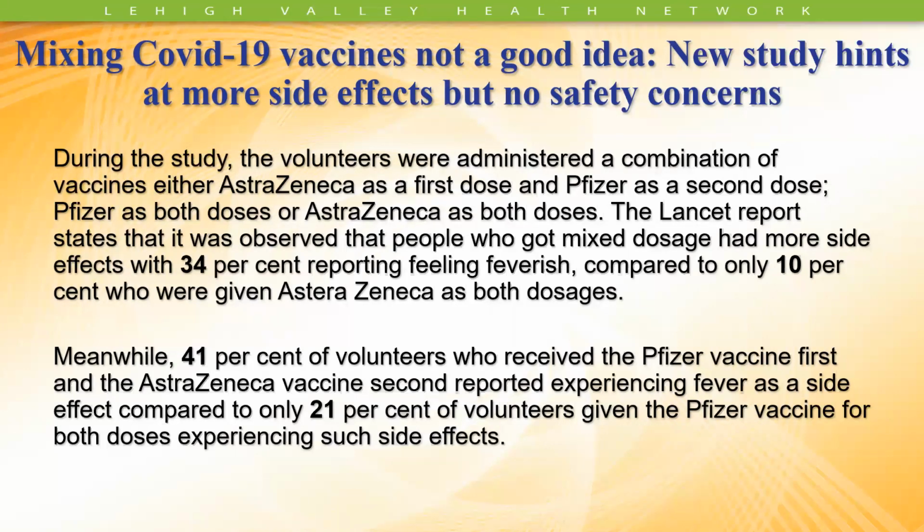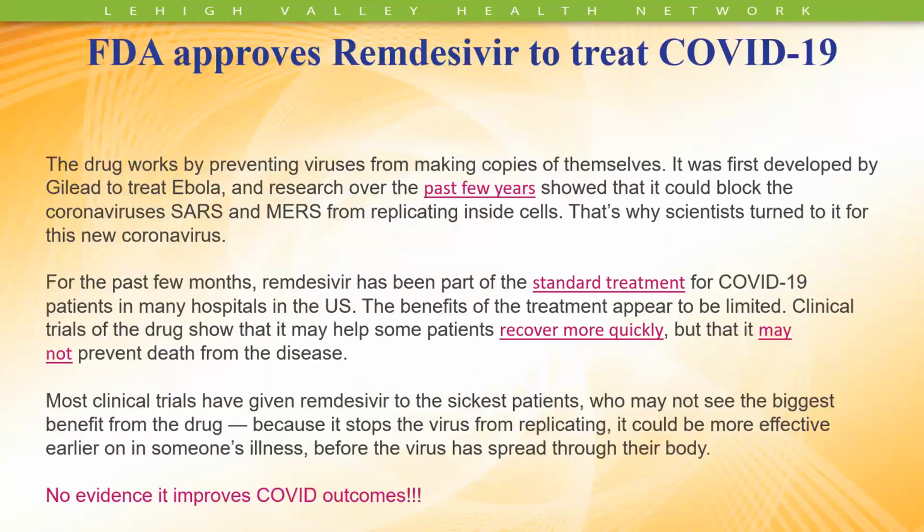I did hear recently about individuals that got Johnson & Johnson, which is a vector vaccine, getting an RNA vaccine as a booster. But I'm not sure where we're going to go with that, because it appeared to be no more effective and it appeared to have more side effects.